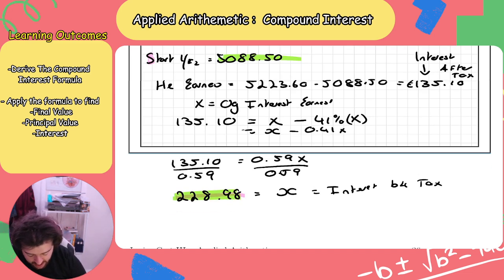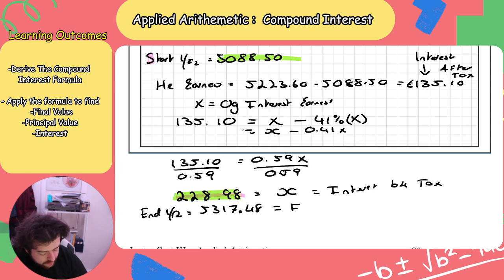So if you add them together, at the end of year two, his investment is worth 5,317.48. So that is my final amount.